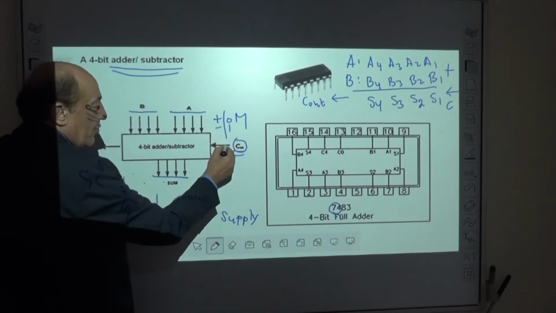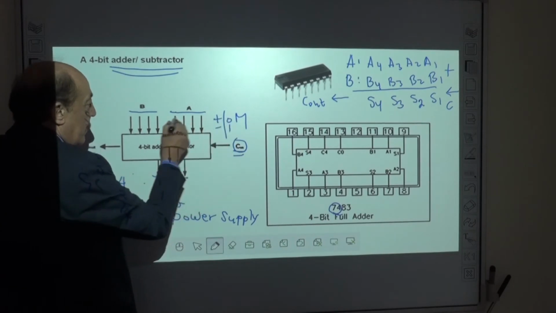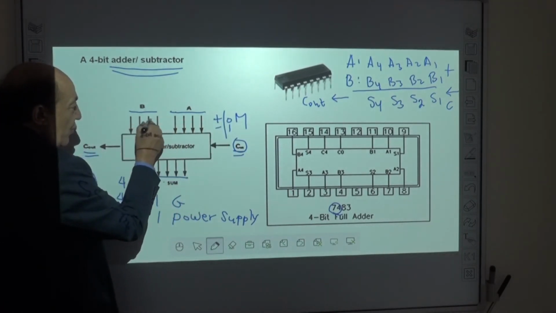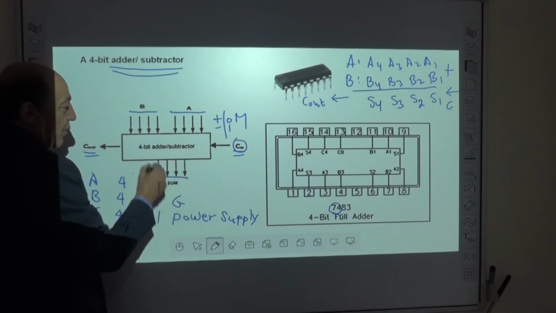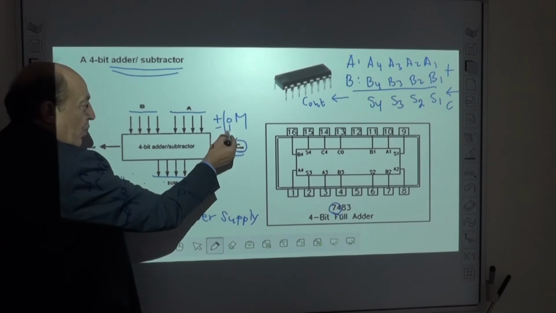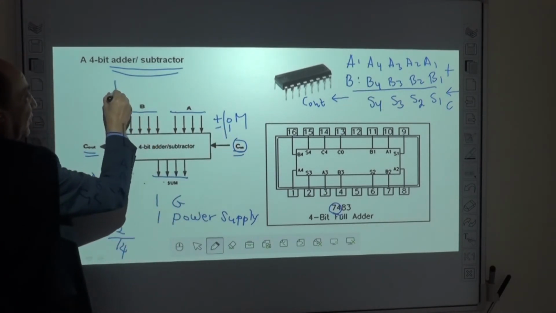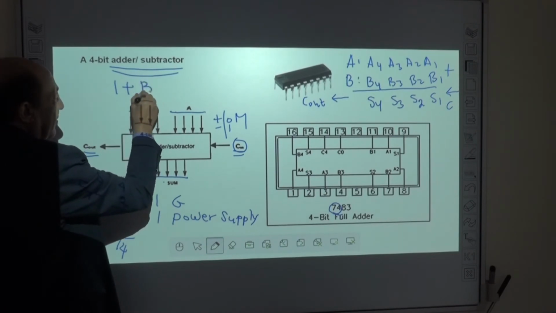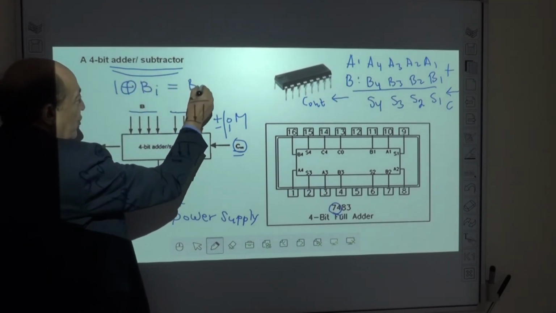If it's 0, here no change, and the M is exclusive or with all bits with B. So no change, A will be added to B as usual. However, if it's one, exclusive or any bit in B, means that we complement this bit.